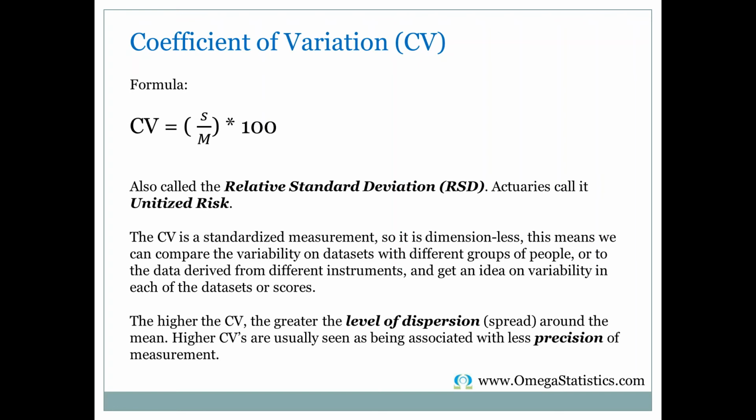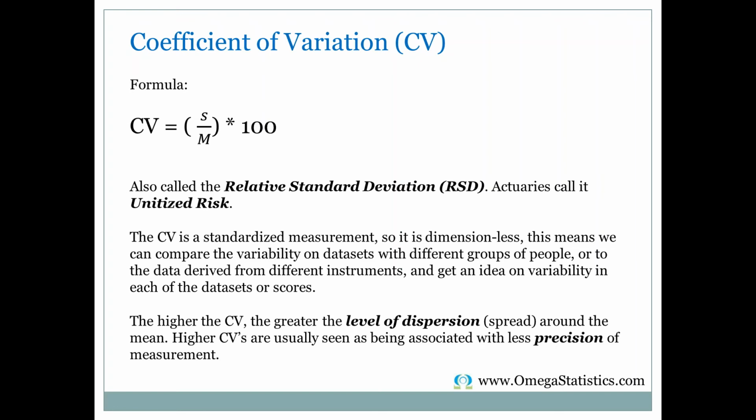Now, another thing, if you're comparing two different measures, say you're comparing a set of IQ scores for a group and emotional intelligence scores for the same group, they could be measured on different scales. But if you use the coefficient of variation, you can get a bead on which test returned more or less variability for your group of test takers.